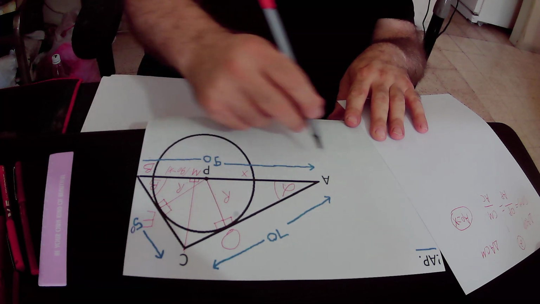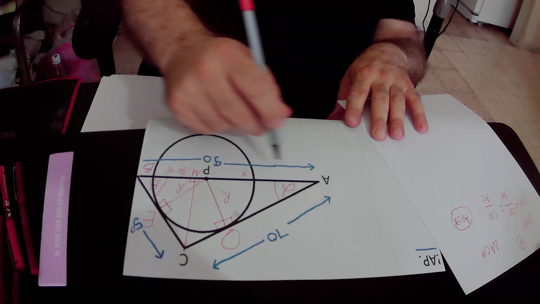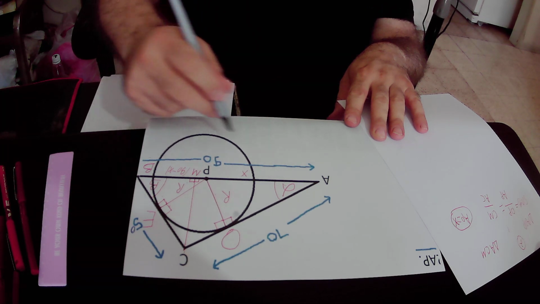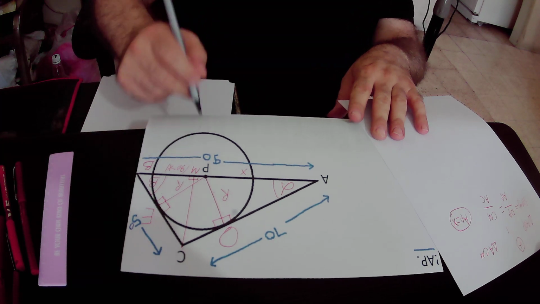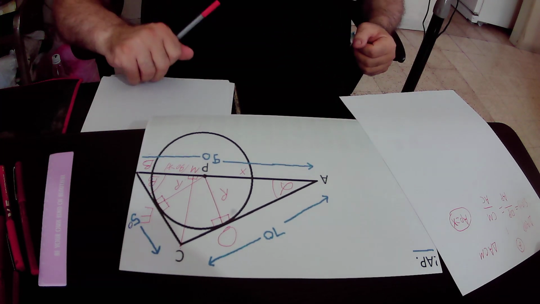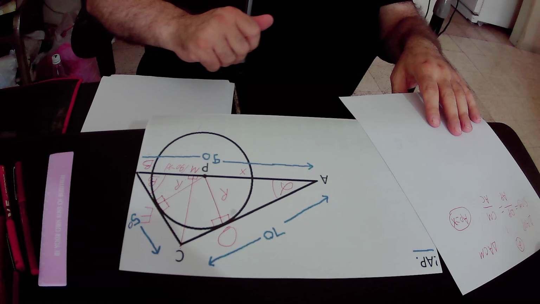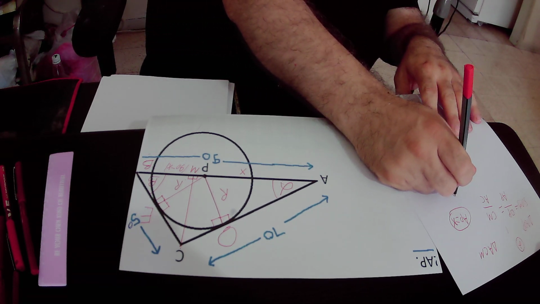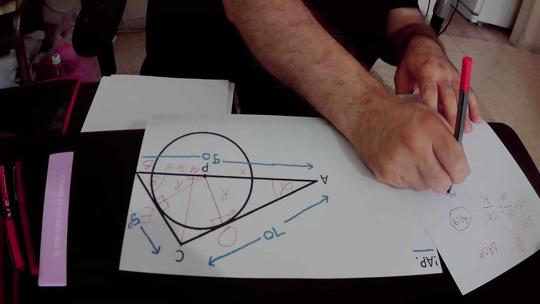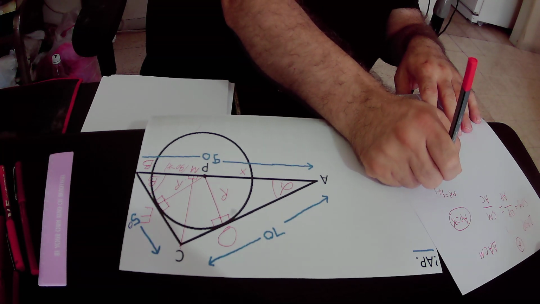PB equals to AB, that is 90, minus AP, that is X. So it is 90 units minus X equals to PB. Okay? So we can write that PB equals to 90 minus X.